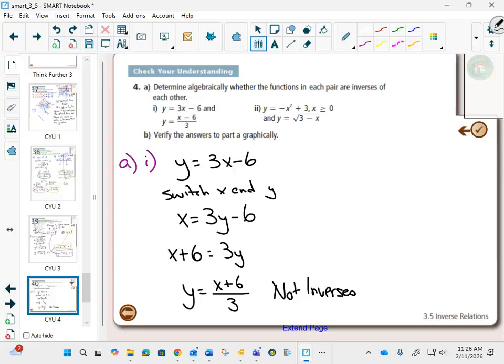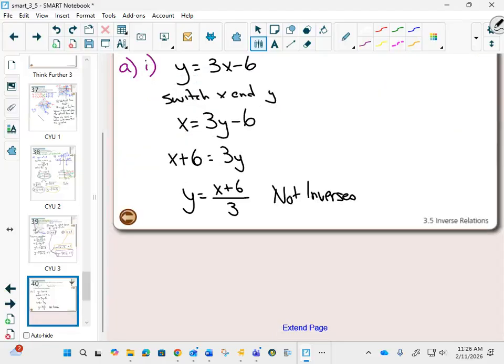The second way you can check if something is an inverse is similar. For those of you that watch the videos and for those of you that were here, remember how I had the two machines beside each other? If they're inverses, you put in a number here, say out pops a 5, all right?